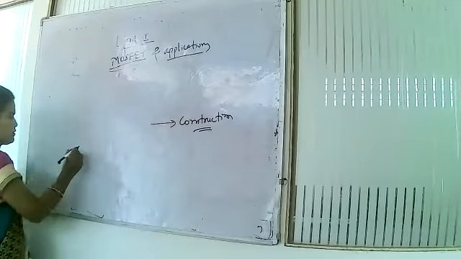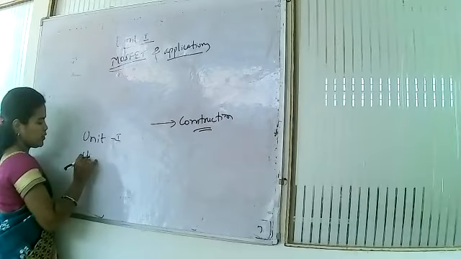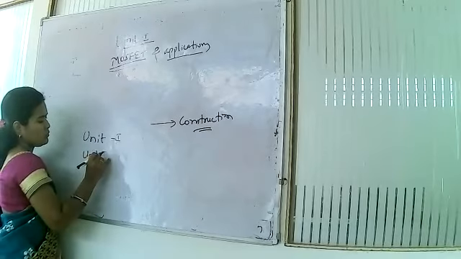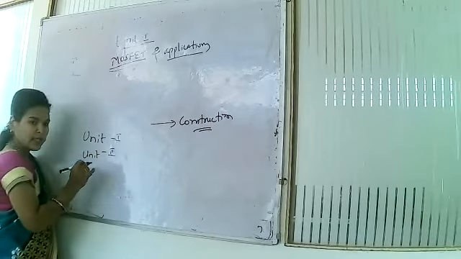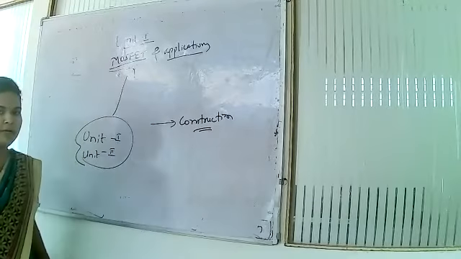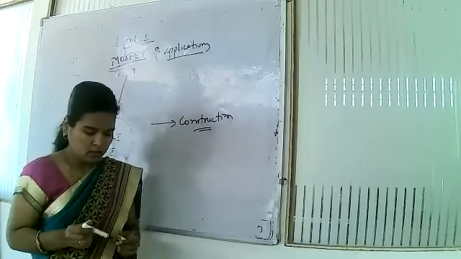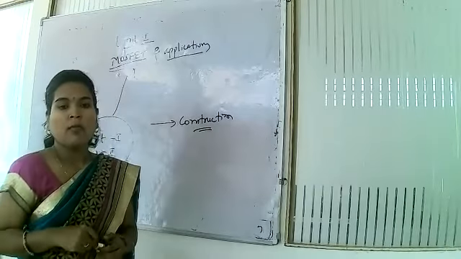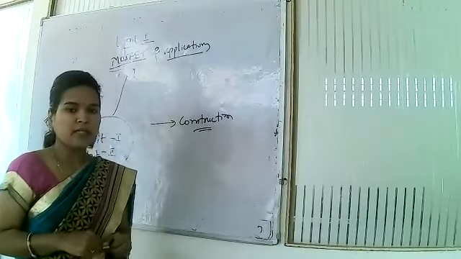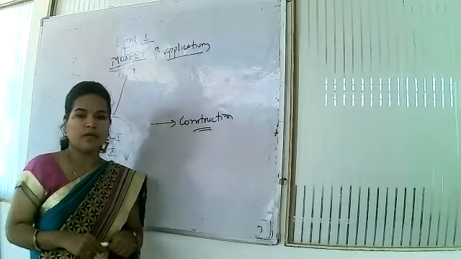See, in unit 1 and unit 2, you will study only the MOSFET. Keep it in mind. So if you understand the MOSFET construction, MOSFET symbol, and the types of MOSFET, these are the basic things you have to understand.